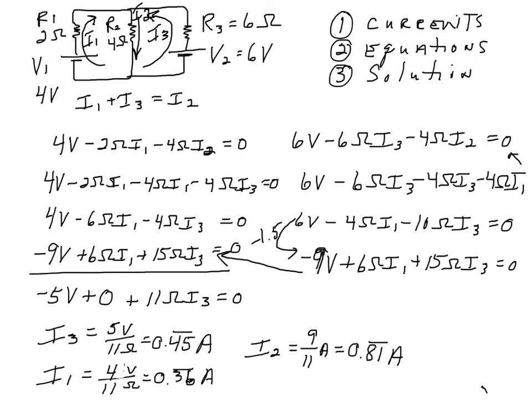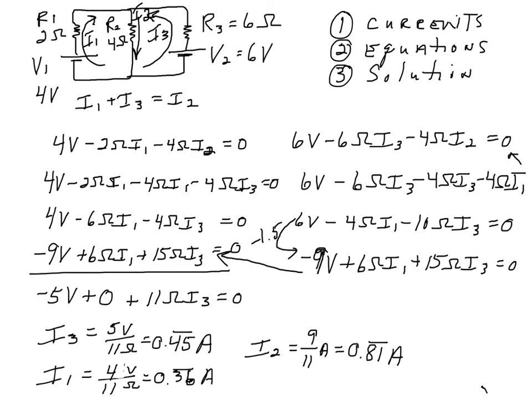I take this number for I3, and I substitute this number in here. So now this is a number. It's going to be 4 times this number. So 4 times this number will give me 20/11 here, and 4 volts there, and 6 ohms I1 there.